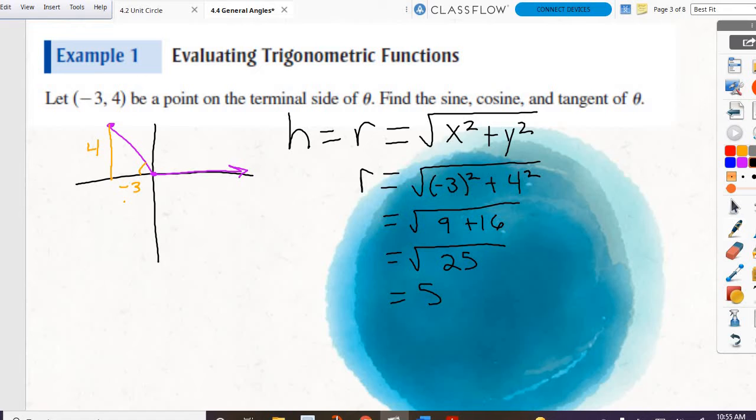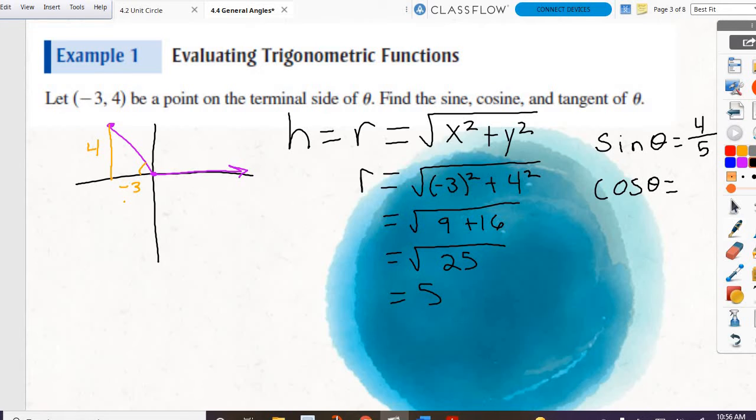So what would our sine of theta be? Opposite over hypotenuse. So what's our opposite? 4. Hypotenuse, which is 5. Our cosine is going to be what?